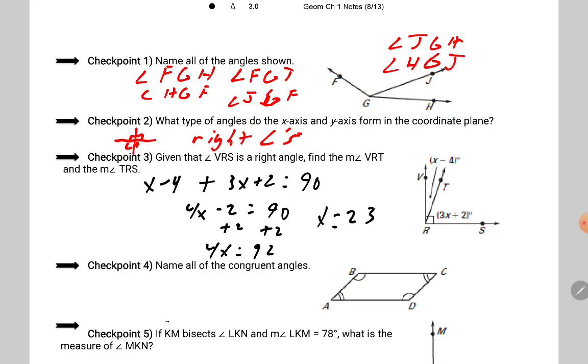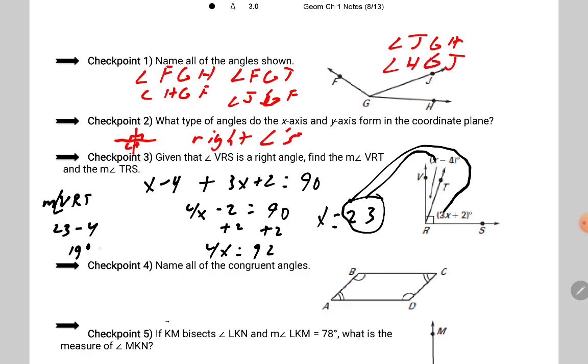Now I know what x is. I'm going to plug this number into here and here to find out what these angles are. So the measure of angle VRT is just 23 minus 4, which is 19 degrees.